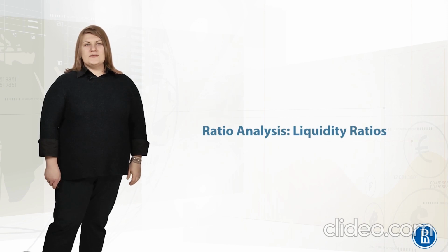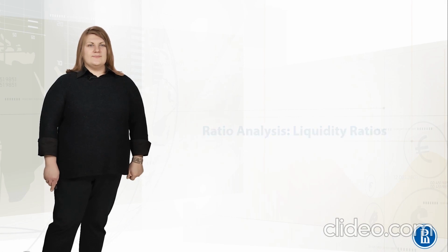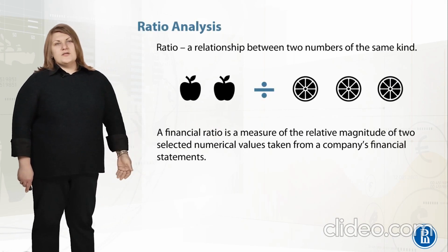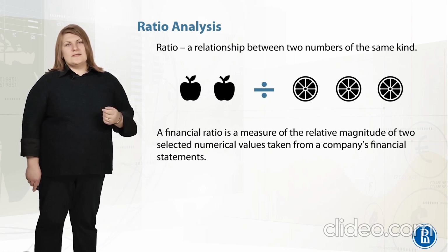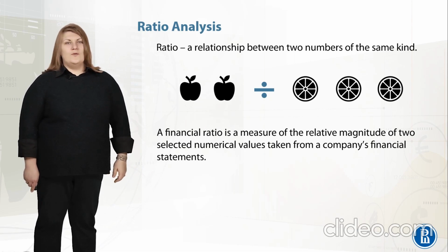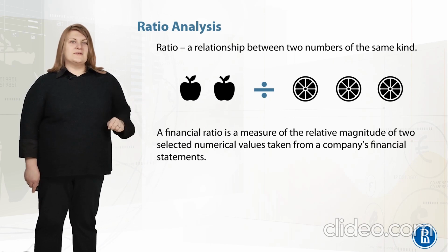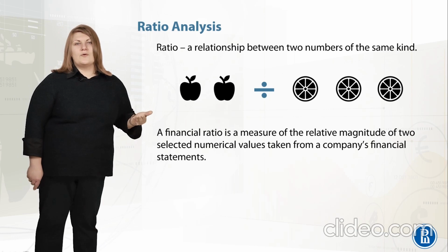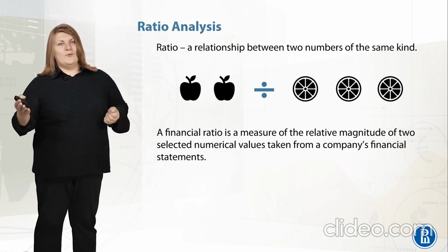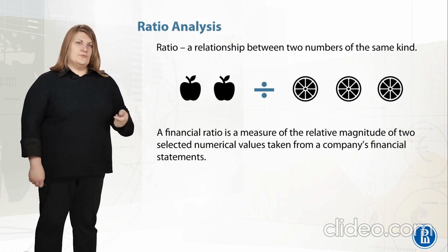We will now look at ratio analysis, liquidity ratios. A ratio is a relationship between two numbers of the same kind. For example, if there are 2 apples and 3 oranges, the ratio of the number of apples to the number of oranges will be 2 to 3.